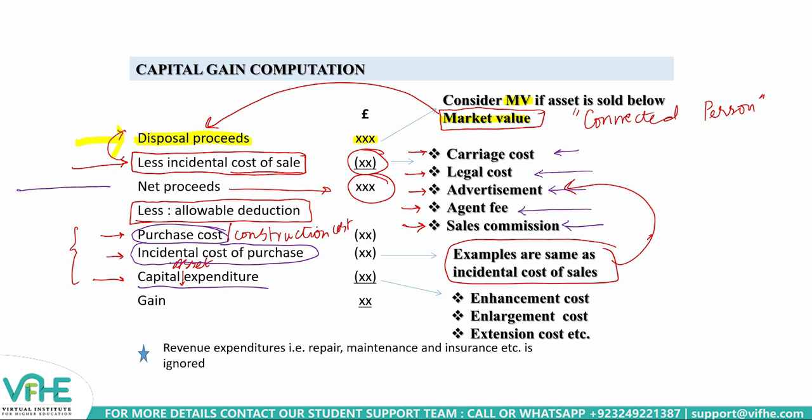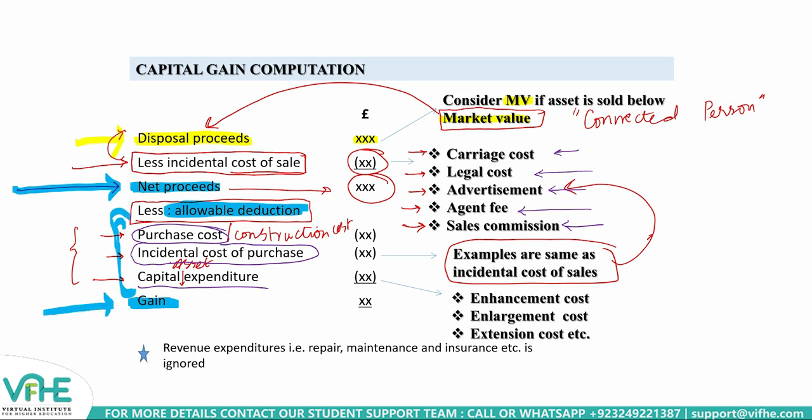So on one hand you have your net proceeds, what you have earned from the disposal of this asset, and then you compare it with the cost that you have incurred over the asset, which includes these three elements. You will come to know whether you have generated something in excess of the cost of the asset, I mean whether you have made a gain on the disposal of the chargeable asset, or whether you have generated net proceeds which are lower than the cost that was spent on the asset.